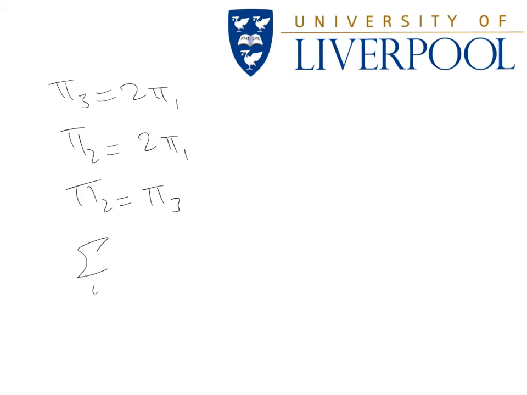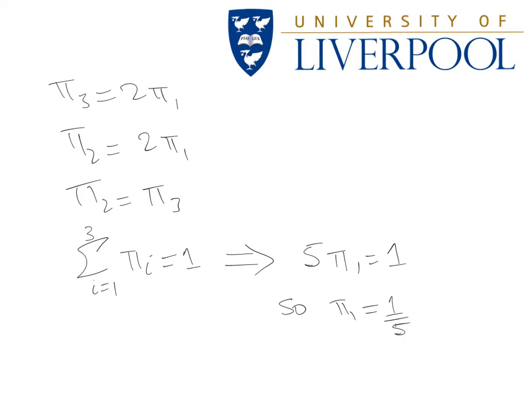We find the following relations. So we have found the stationary distribution for the jump chain.